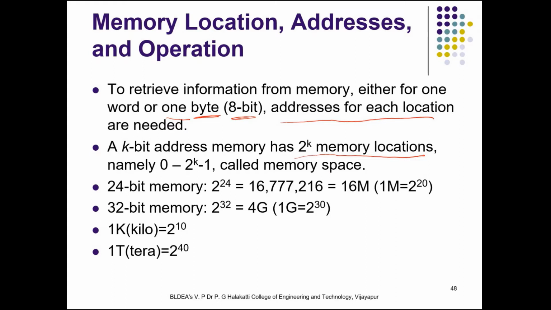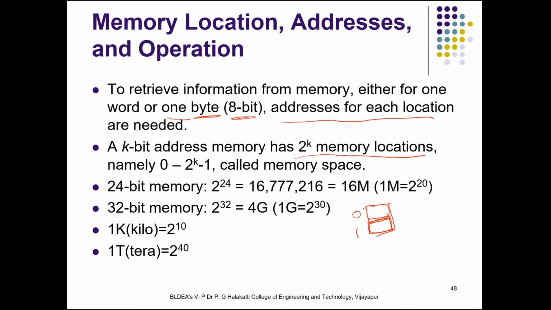Now, to understand what this sentence means, let's assume there are only 2 memory locations. This is my first memory location, this is my second memory location. If I am going to address these locations using binary numbers, I would say this is the 0th location, this is the first location.